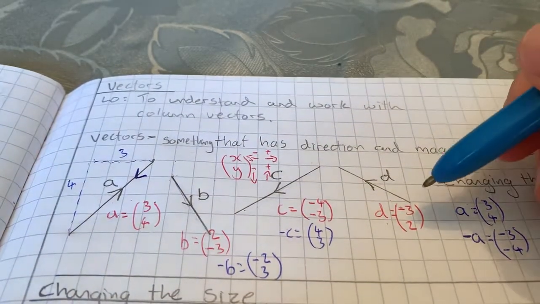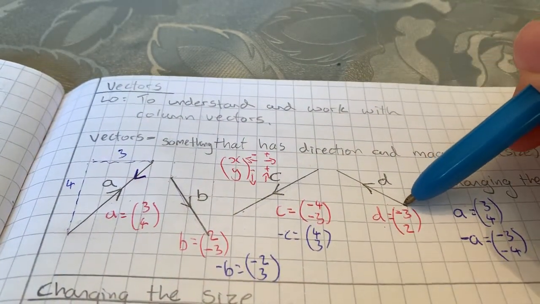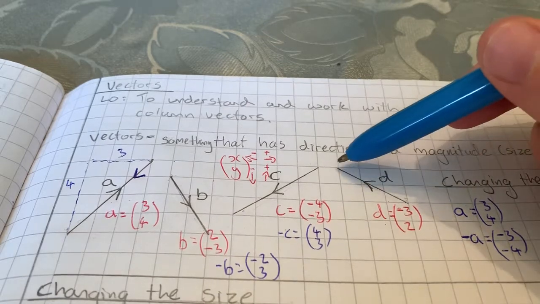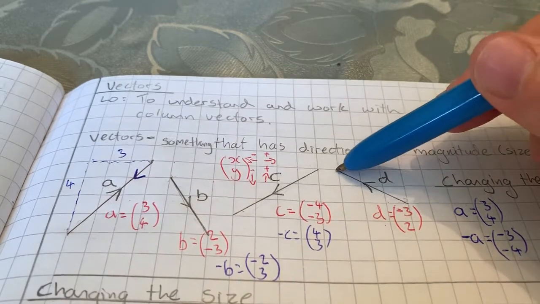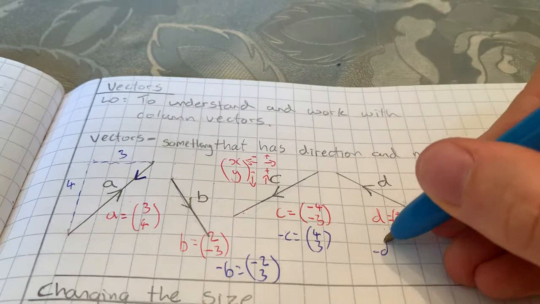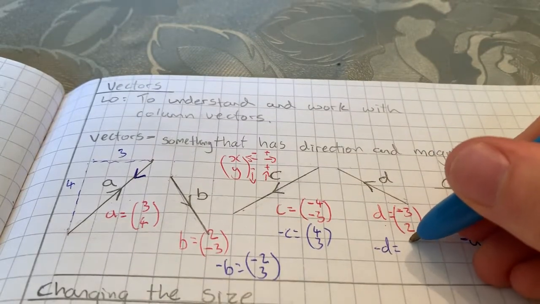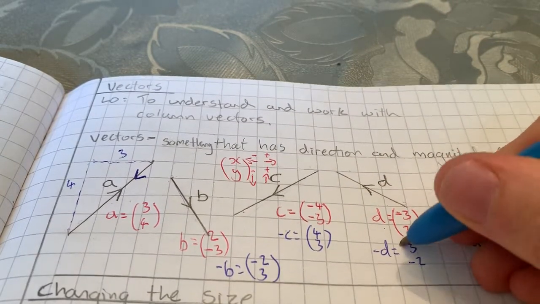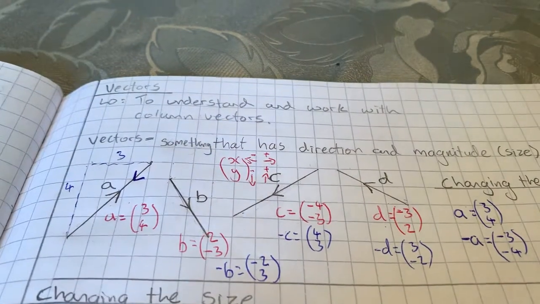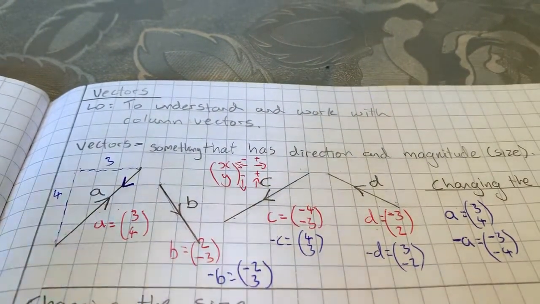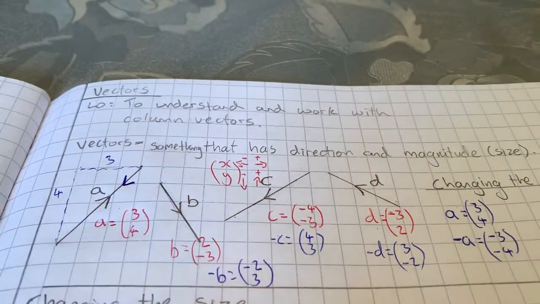And then the same for D, if you wanted to change it from going that way to the other way, it will be all becoming minus, so flip the signs over and it goes in the opposite direction. So that's how you can change the direction.